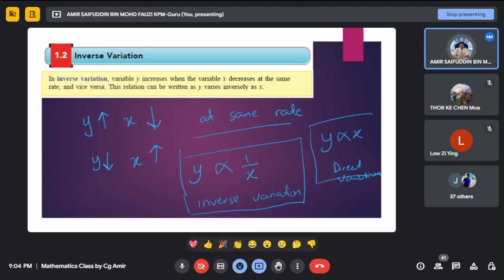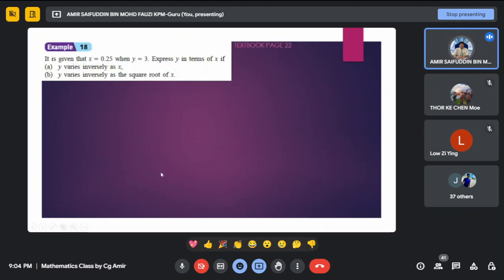Now we go to the example. It is given example 18, page 22 in your textbook. It is given that x is 0.25 when y is equal to 3. Just two variables, x and y.